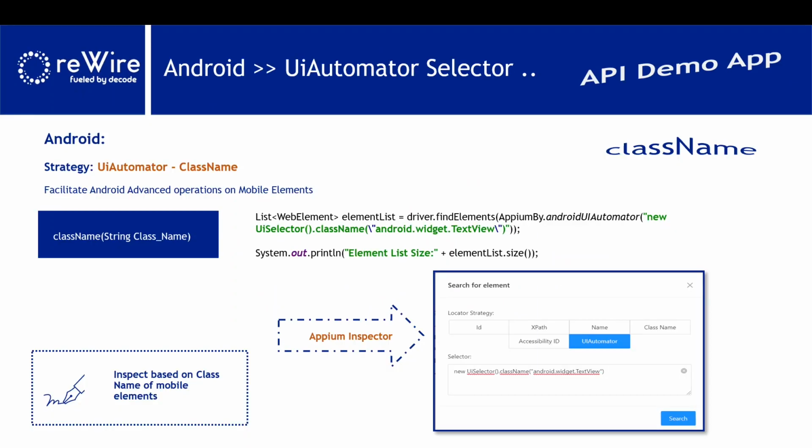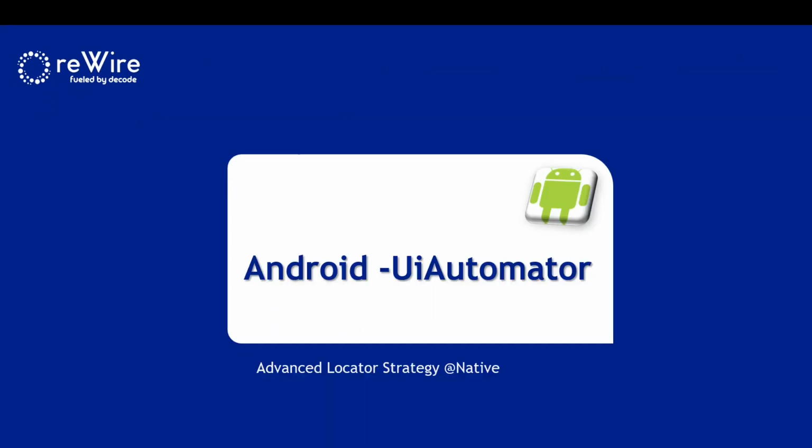So moving ahead, let me give an overview of UiAutomator. This particular strategy was developed by the Android developers, and it is extensively used in unit testing, where they want to have UI automation using their own technology like Espresso.